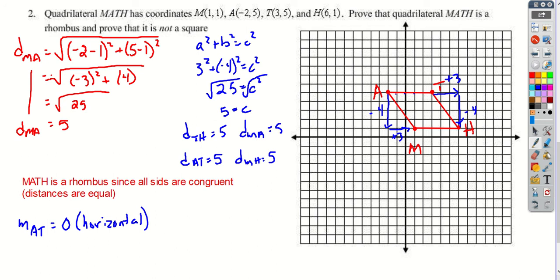And then the other line we're going to choose is TH. It's either going to be AM or TH here. It's got to be touching. All right. So TH is going to be y2, which is 1, minus y1, which is 5. Remember, y2 is coming from the H, y1 is coming from the T, and then x2 is going to be 6 minus x1, which is 3, and so this is going to equal negative 4 over 3.